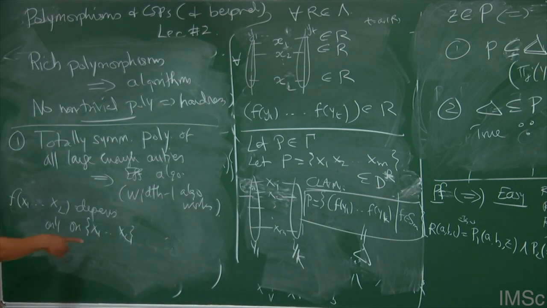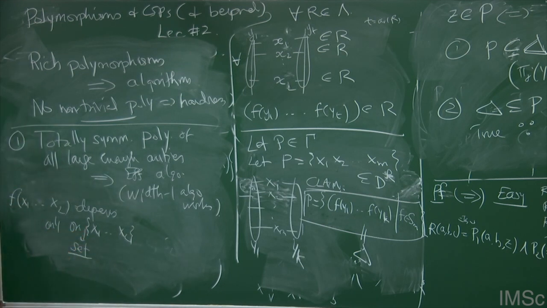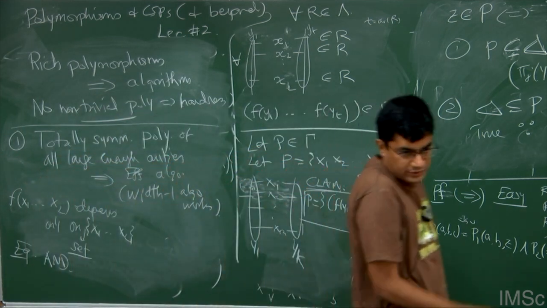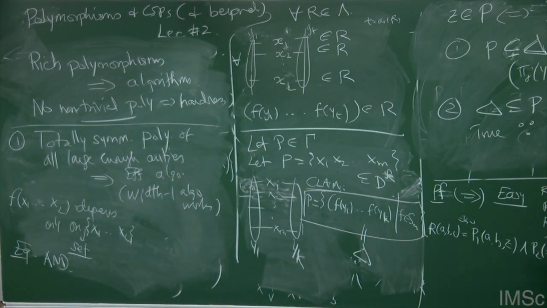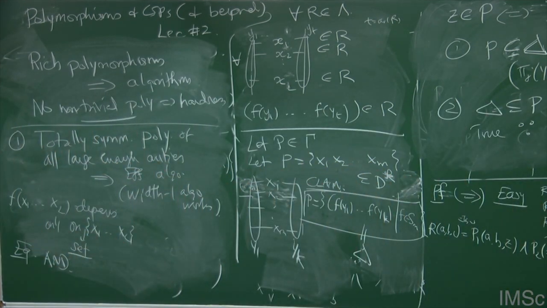If only the multiset matters, then you get a symmetric function. An example, of course, is AND. That's why this is basically a generalization of a very simple standard algorithm for Horn SAT. So the function only depends on the set of values it sees.